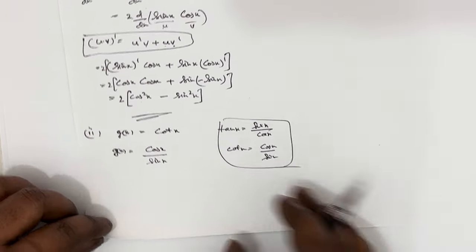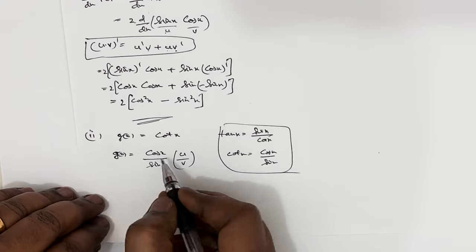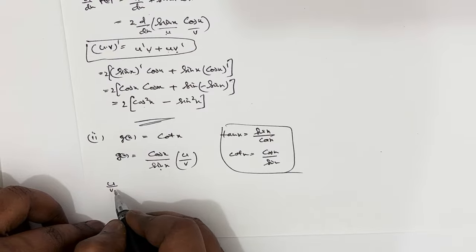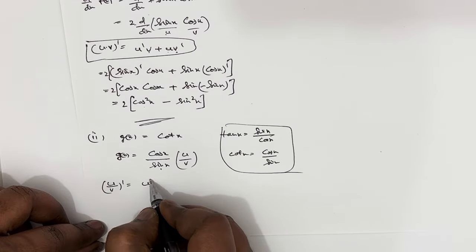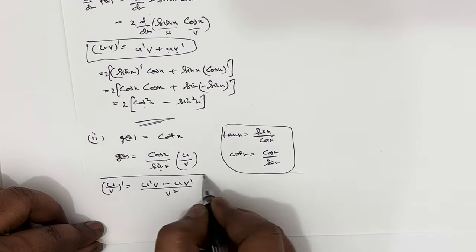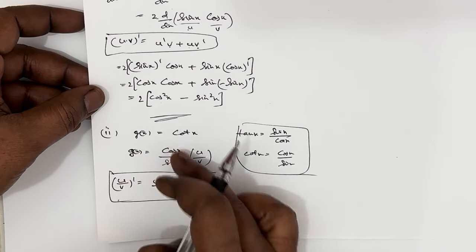Now again, this is in the form u upon v, assuming this to be u and this to be v. So we have u upon v whole dash equal to u dash v minus u v dash upon v square. Let's expand this in this form.